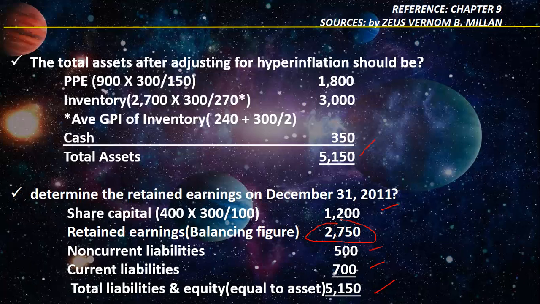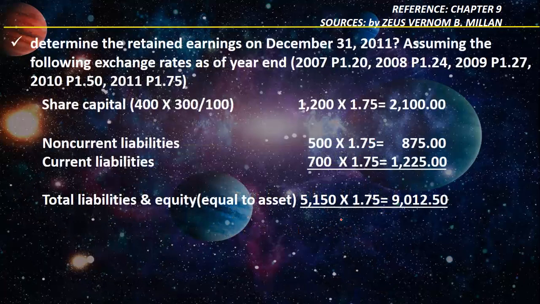In the third question, we are asked to determine the retained earnings on December 31, 2011, assuming the following year-end exchange rates: 2007 is 1.20, 2008 1.24, 2009 1.27, 2010 1.50, and 2011 is 1.75.